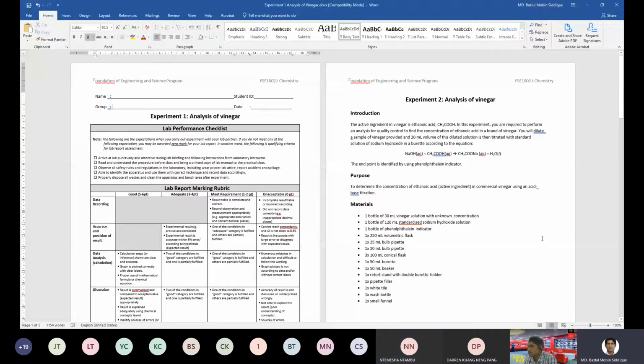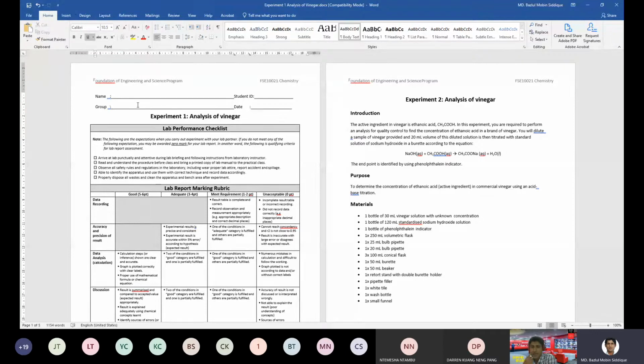So this is the cover page. I will give you this Word file so that you can type, or if you choose, you can just write by hand, up to you.